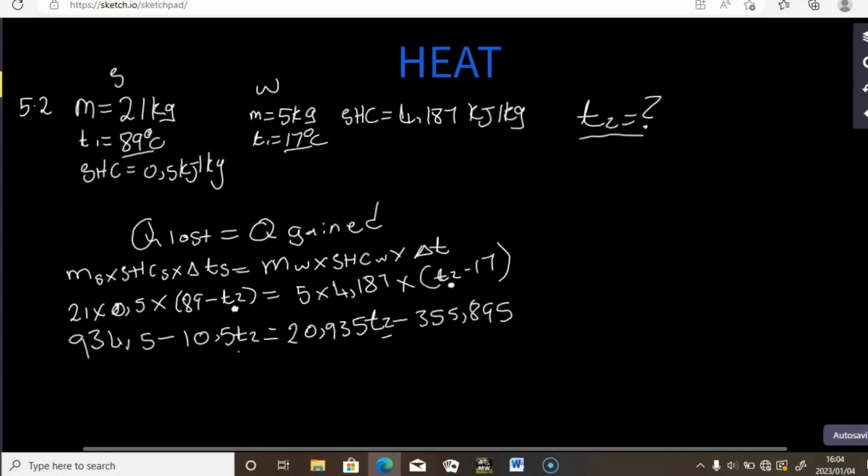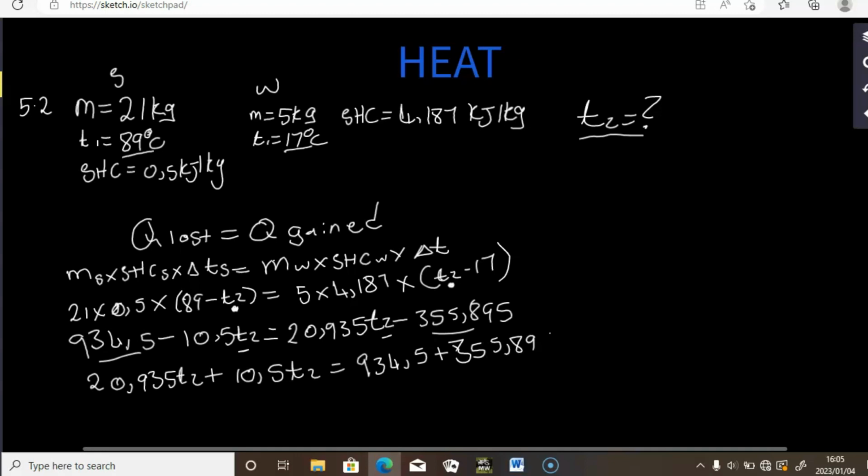We have the T2 here and we have the T2 here. So we're going to make sure that each term that has T2 is on the same side of the equal sign, which will give us something like this: 20.935 T2 plus 10.5 T2 is equal to this, and this will then be on the same side of the equal sign as well, giving us 934.5 plus 355.895.